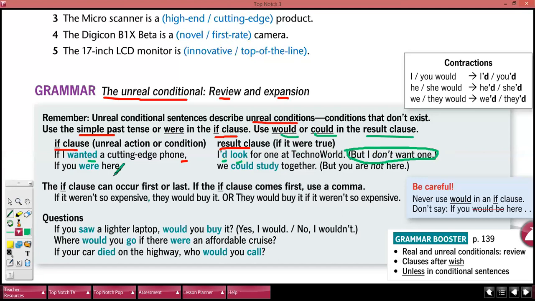We have another: if you were here, past tense, we could study together, but you are not here. We're just talking, hypotheses, ideas, wishes, whatever we like.